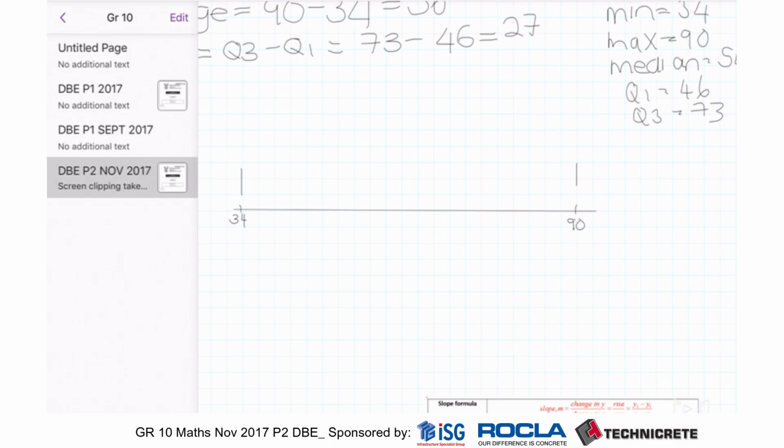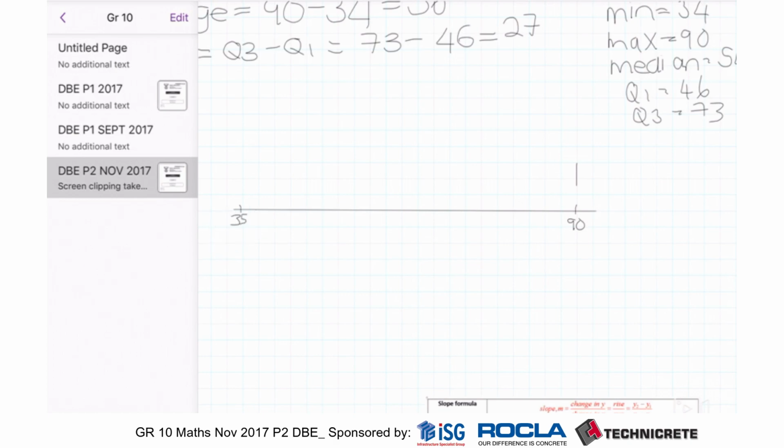Let's first make our number line scale. We're going to have to go from the 30s to 90s, so let's maybe go in intervals of 5. Let's start with this being 35 and see how far we go, and if we need more of a line, we'll make it.